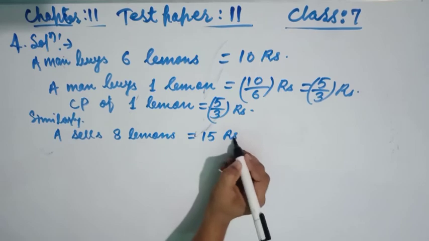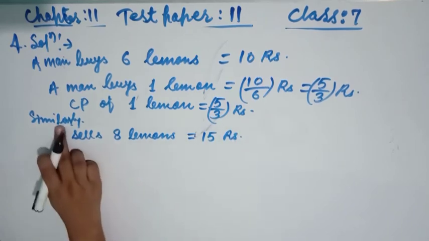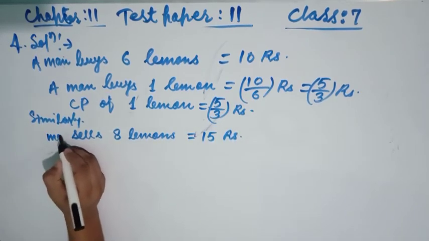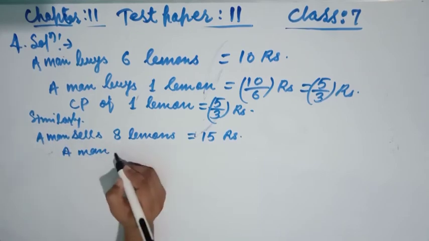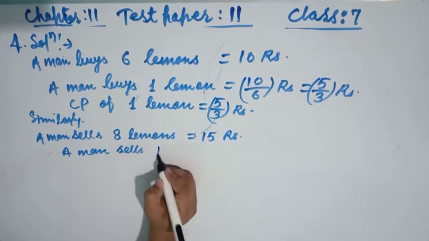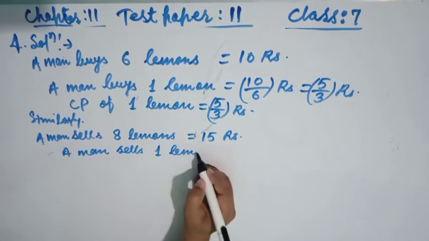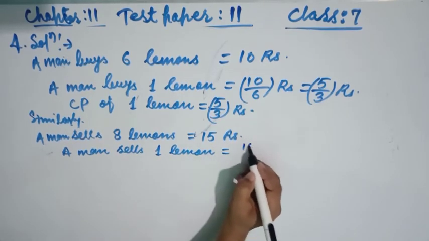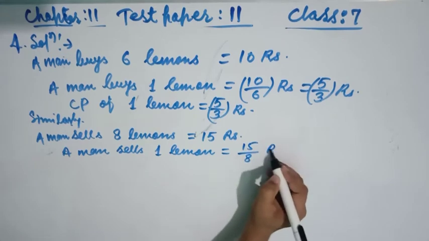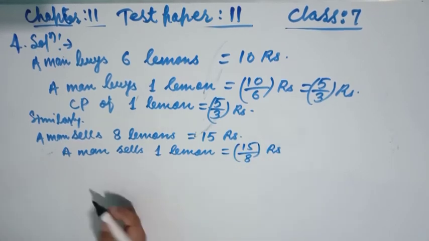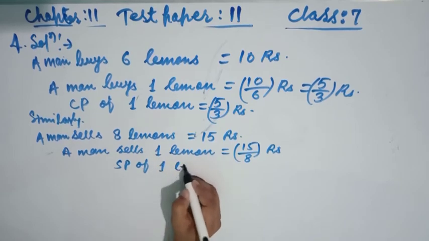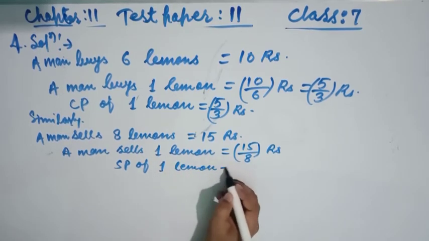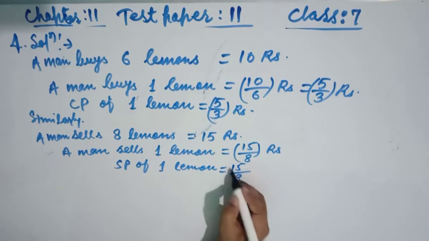Here we have to find, a man sells 1 lemon for 15 by 8 rupees. That means the SP of 1 lemon is 15 by 8 rupees.